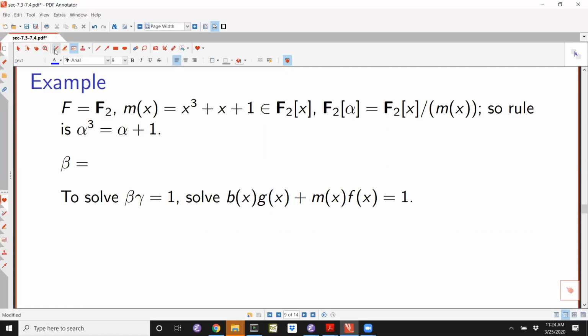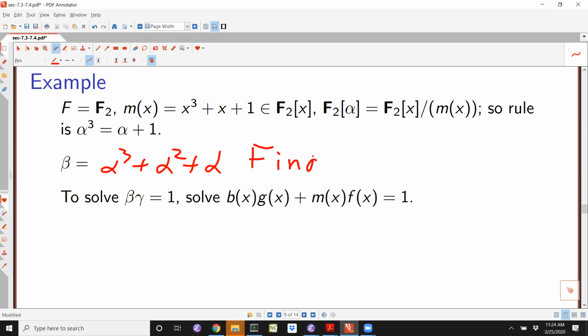So let beta be alpha cubed plus alpha squared plus alpha. The goal is to find beta inverse, if possible. I think you showed in some homework assignment that x cubed plus x plus 1 is irreducible over F2, and so there will definitely be some beta inverse.